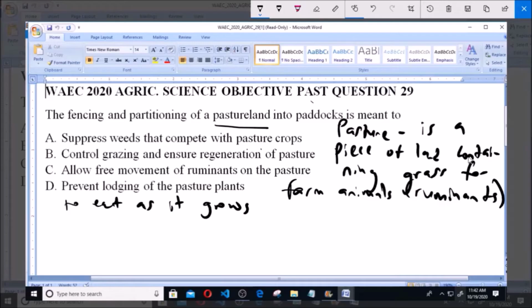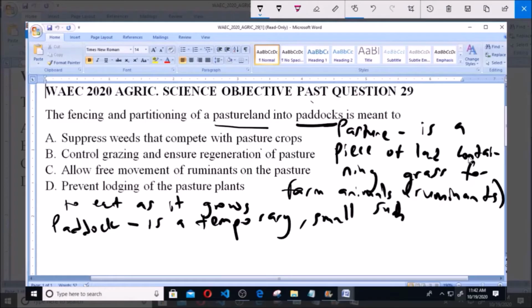Now, another concept we see in the question here is paddocks. A paddock, as it relates to a pasture, is a temporary small subdivision of a pasture made with a fence.